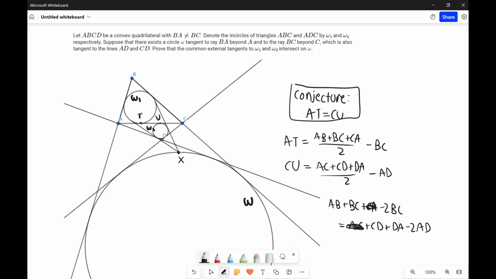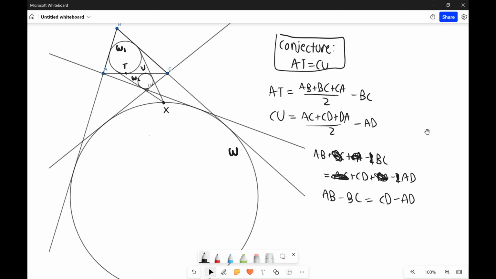BC minus 2BC is just minus BC, and similarly, DA minus 2AD is minus AD. So our condition turns out to be AB minus BC is equal to CD minus AD. And rearranging gives AB plus AD is equal to BC plus CD.